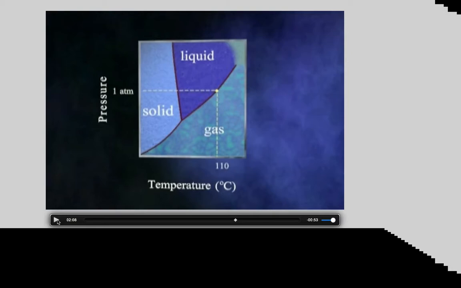Well, they don't do that by taking air, which is a gas, and cooling it down. This isn't cold. So how do they get the air to turn into a liquid? They increase the pressure. This is under, I think, 5 or 6 atmospheres of pressure. You can look it up.